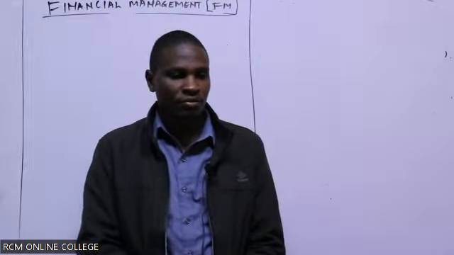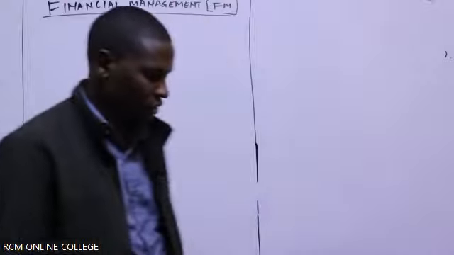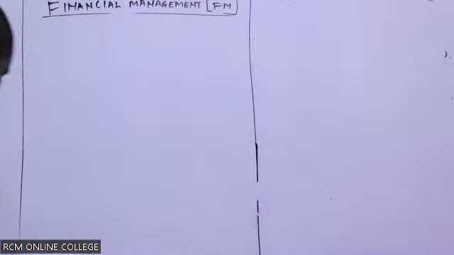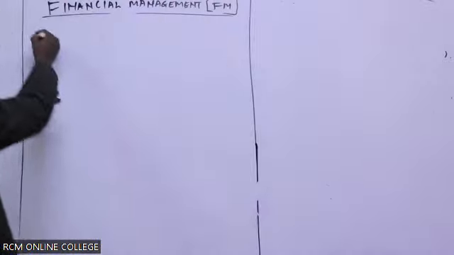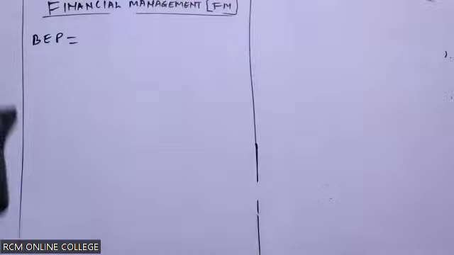So this is the formula of getting the degree of what? The break-even quantity of sales in units. Break-even point. Who can guess our formula for break-even now?